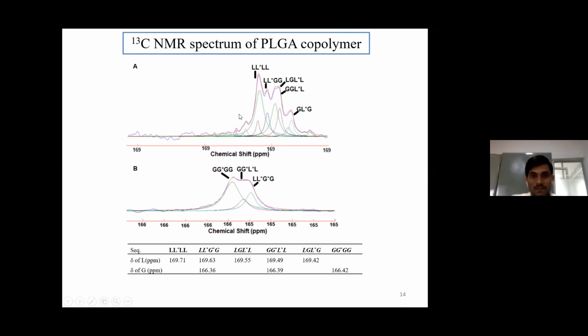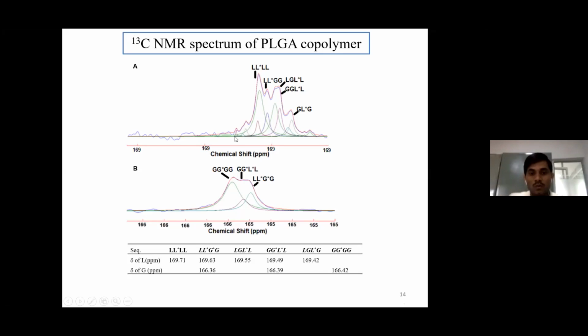After this, we have characterized this polymer using Bernoullian statistics, because if our polymer, that is PLGA, contains continuous sequence of lactide or glycolide, that is called a block polymer, and these block polymers are not soluble in the solution.